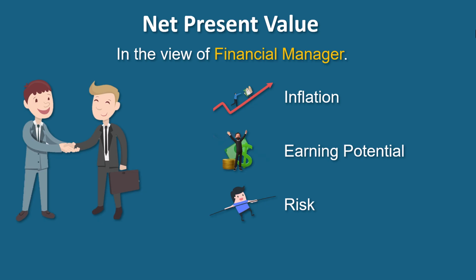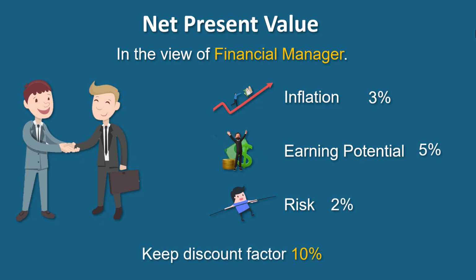For example, if inflation is 3% and the risk factor is 2%, we might use a discount rate of 10%. That 10% is our required rate of return or discount rate.